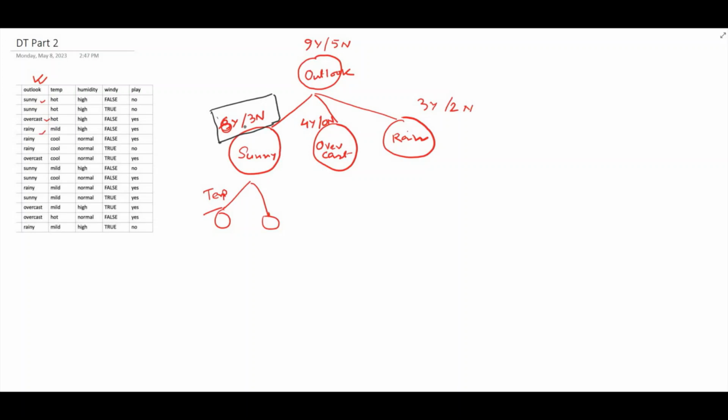Look at this split: I had 6 yes and 3 no. Let's first count whether we did it correctly. 9 plus 5 is 14. So here 9 plus 4 is 13, 13 plus 5, something we did wrong actually.